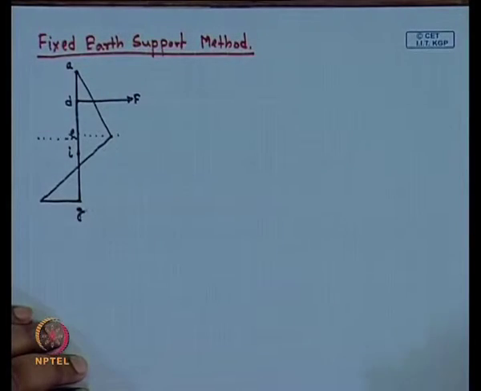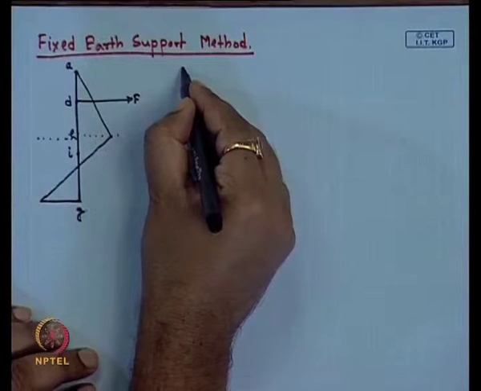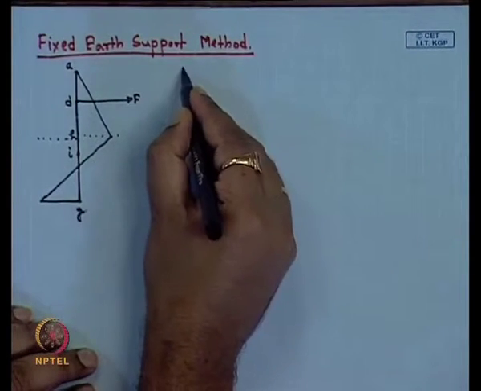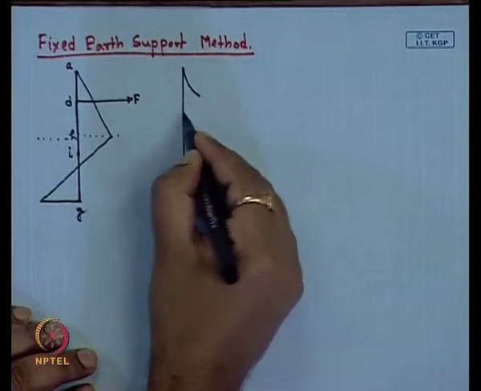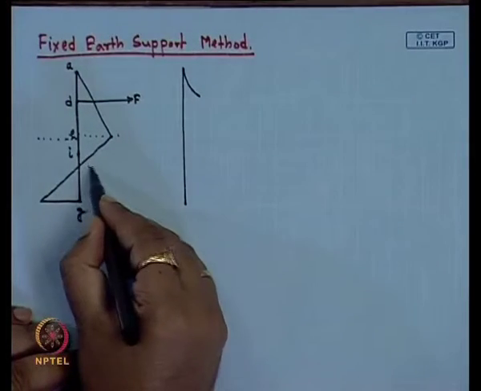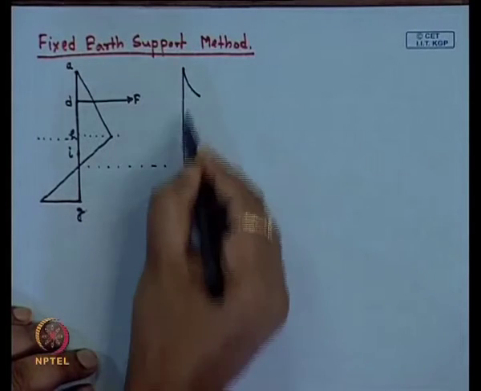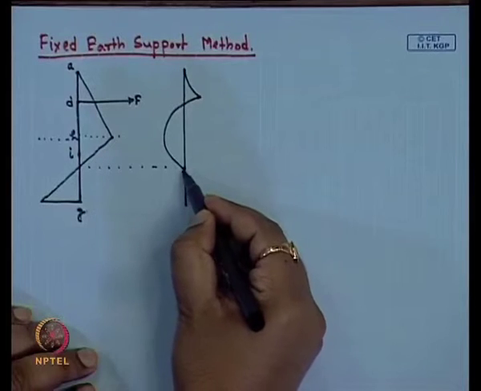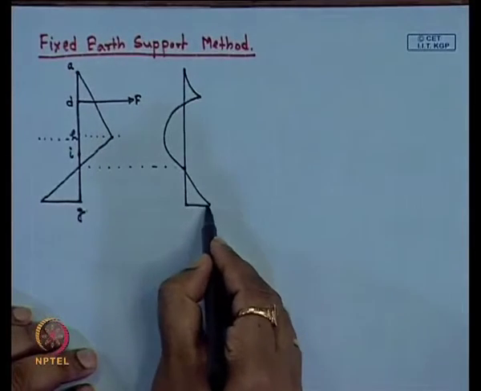Now, if I draw the bending moment diagram of this portion, here it is maximum, then at the I point the value is 0, then it will follow this path.